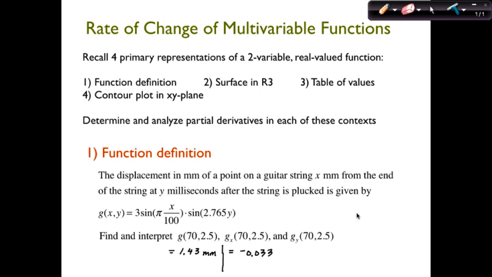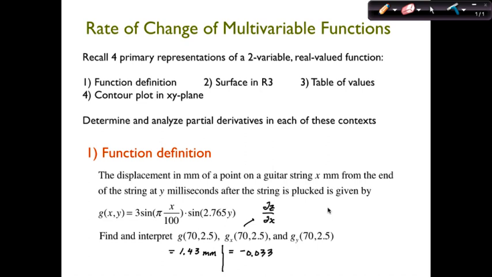The partial with respect to x is the derivative. What will the units be on that? Meters per second? So this is like z with respect to x, right? The rate of change is the change in z with respect to x.